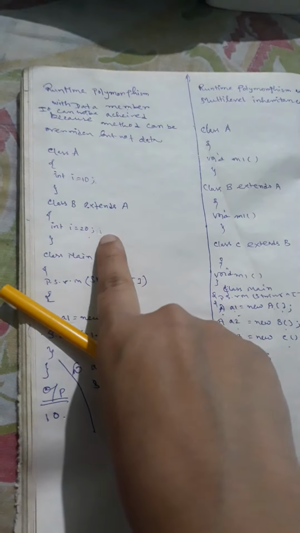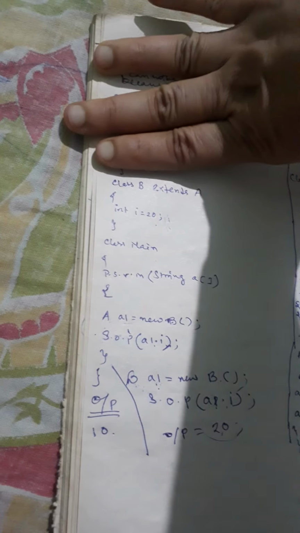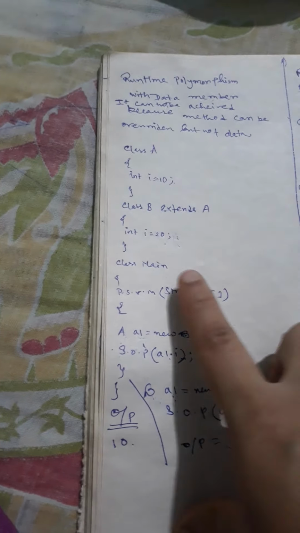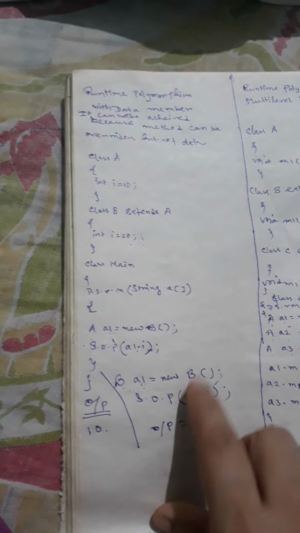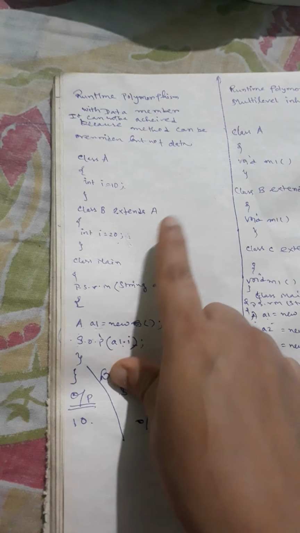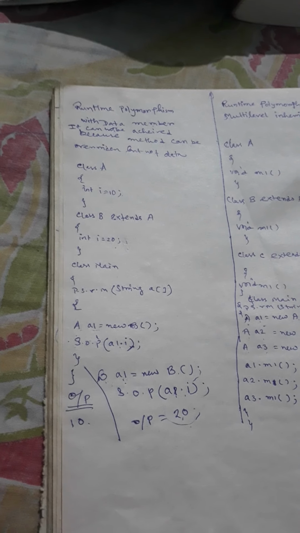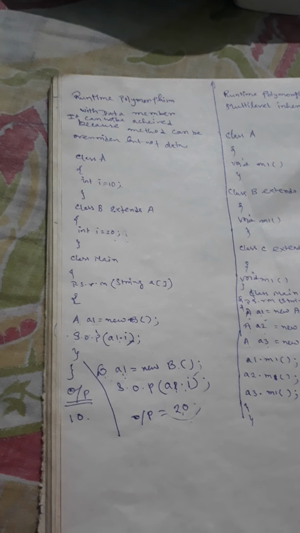If it were overridden, then the parent class value would be overridden and the output would be 20, but that does not happen because overriding doesn't support data members, it only supports methods.